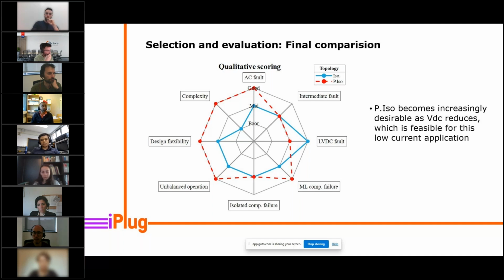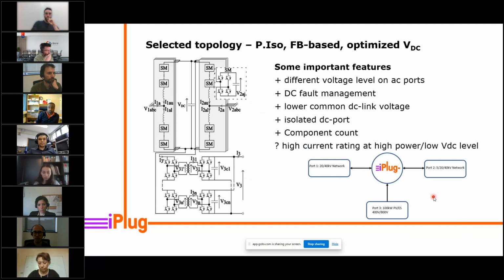We come up with candidates of different configurations, and then we choose the one which will take advantage of the available solutions, which is basically two AC ports coupled together with no isolation, and a low voltage DC port which uses an isolation stage, where the voltage reduction is done by having a series connection of the input side and a parallel connection on the low voltage DC side. So this is the topology we go for, which means that if we use full bridge cells connected in series, we can have different voltage levels in this port or in this port.